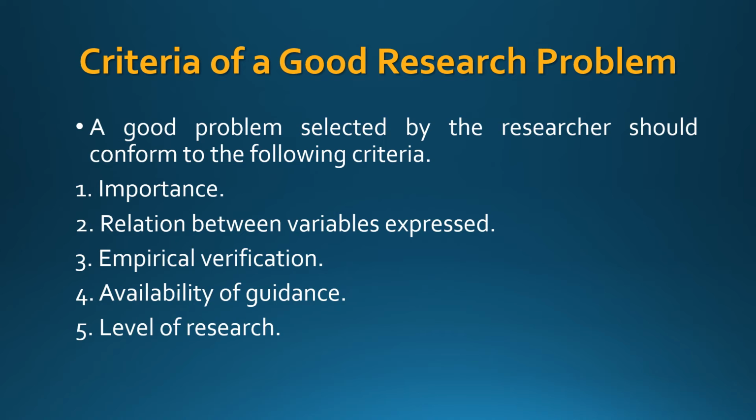Next is empirical verification. The problem should have possibilities of testing. This means not only that there is an actual relation, but that the variables of the relation can be measured.